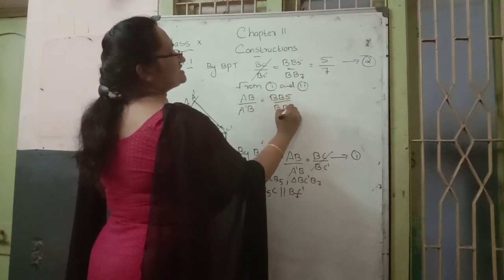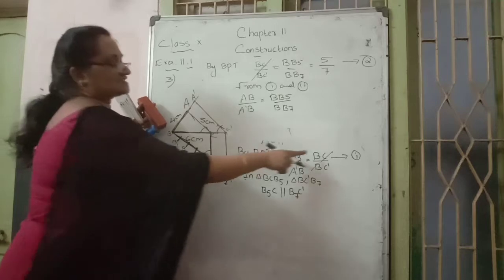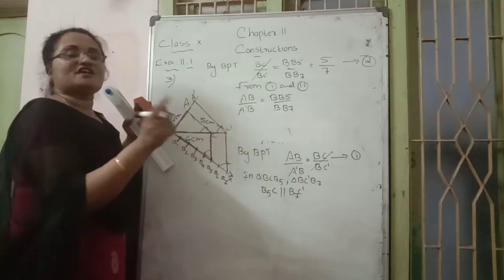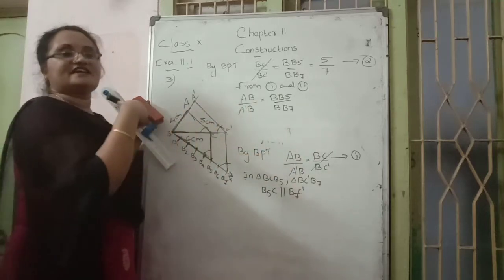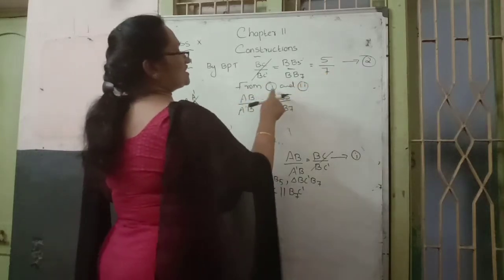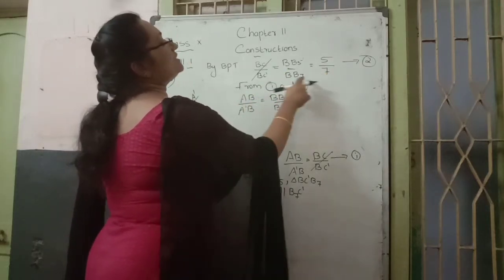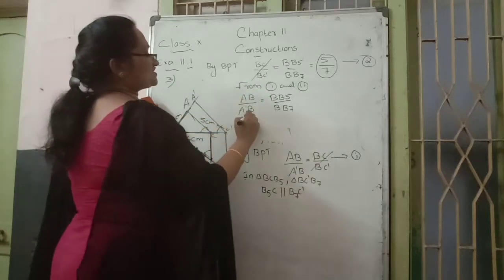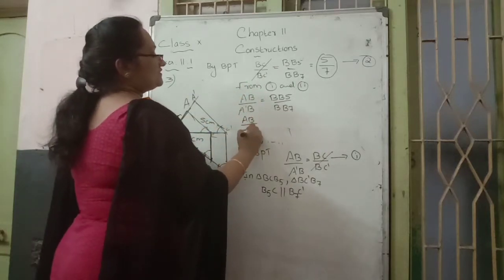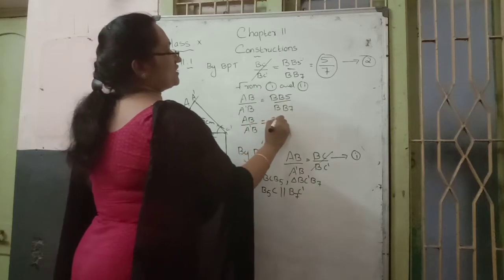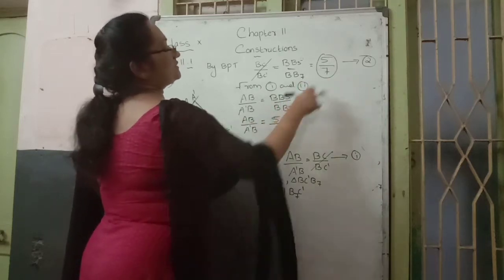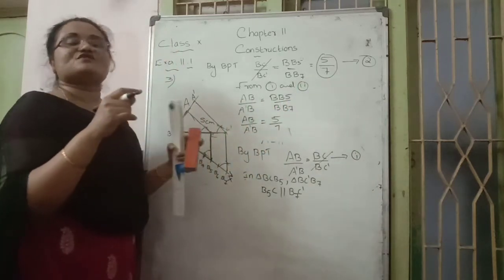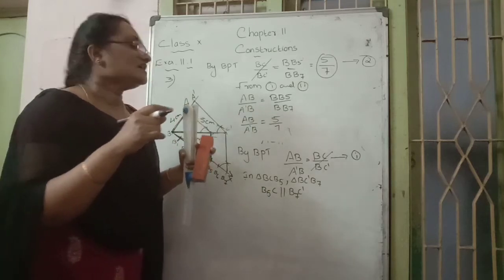Using the second equation, the values of B5 and B7 give 5/7. So in place of B5 by B7 we can write 5/7.